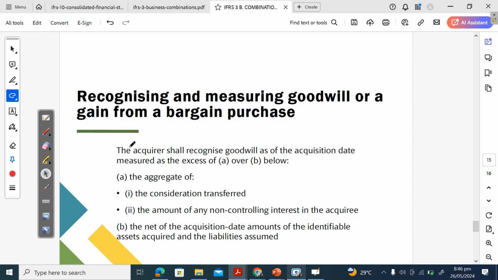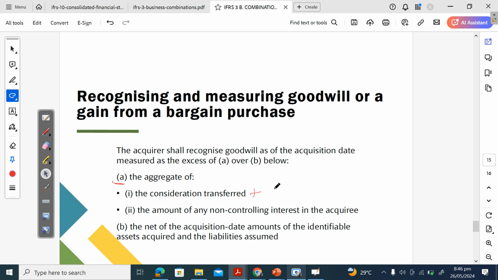According to the standard, the acquirer shall recognize goodwill as of the acquisition date, measured as the excess of A over B. A is the consideration transferred, the aggregate of the consideration transferred plus the amount of the non-controlling interest, and B is the net asset of the subsidiary.